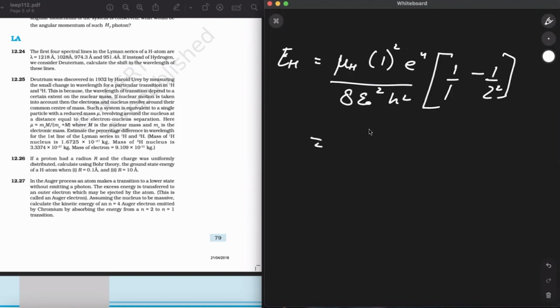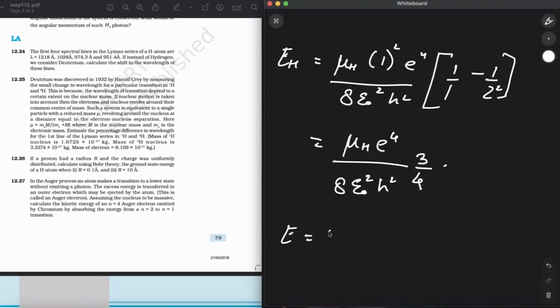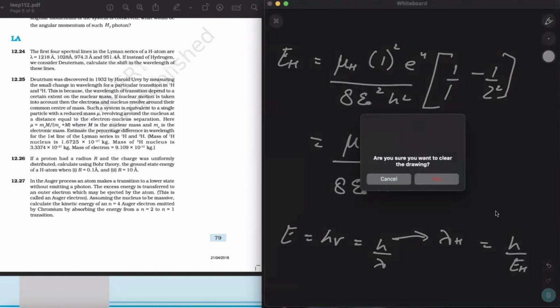So this is the E_H. Now E can be written as h nu, which is equal to hc upon lambda. Same goes for lambda hydrogen, which can be written as hc upon energy of hydrogen. Simple. So lambda hydrogen is easy for me.